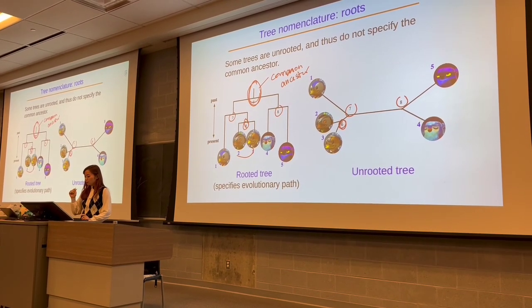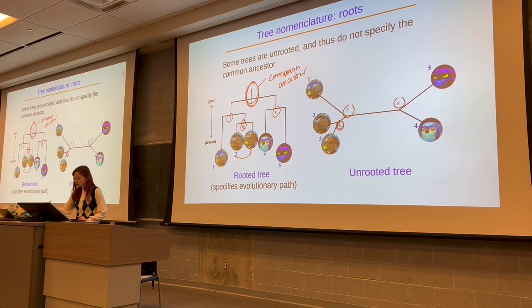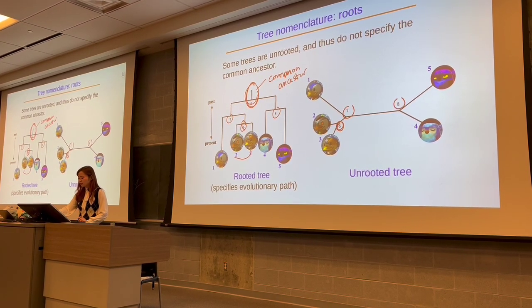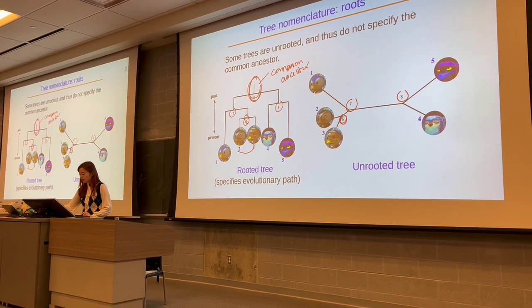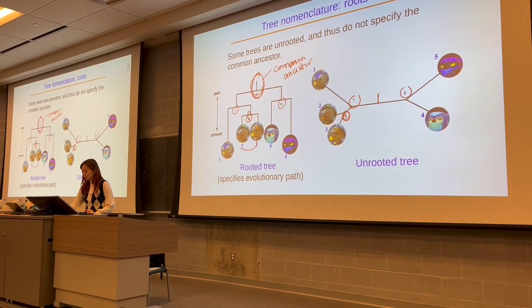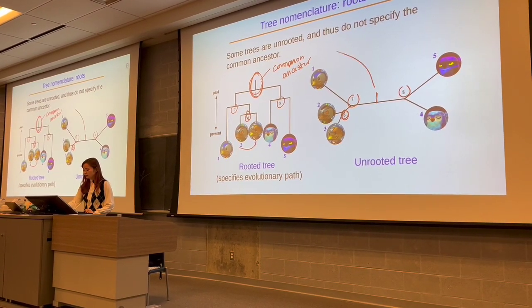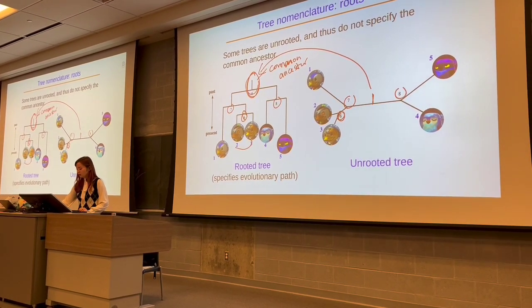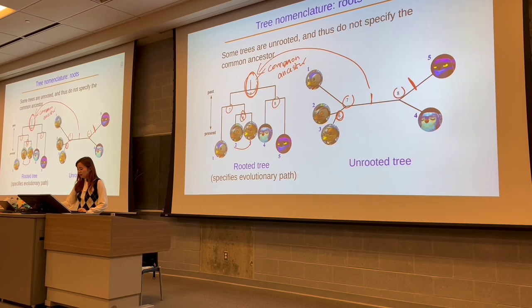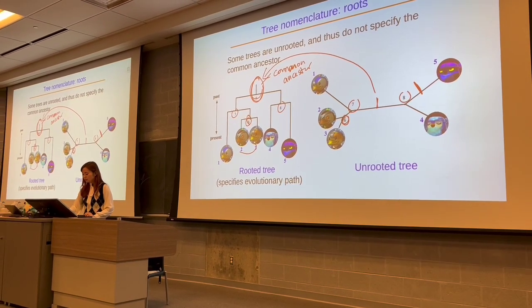Should I demonstrate? You could also just have this common ancestor in a different place in this tree, and it would change the relationships a bit. For example, right now, 9 is here, right? If we were to put the common ancestor here, that would change the relationship of this.